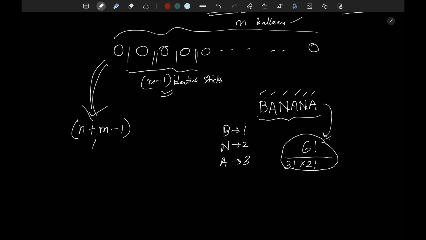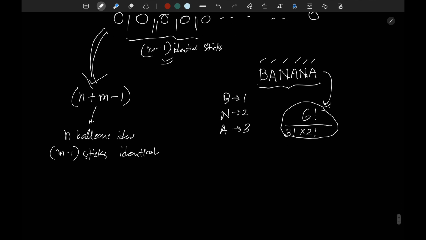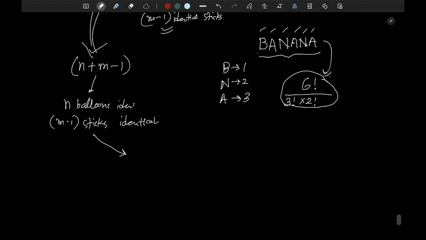And among these many objects, how many are identical? n balloons are identical, and m minus 1 sticks are identical, right? So what will be our all possible arrangements? It will be n plus m minus 1 factorial by n factorial into m minus 1 factorial.